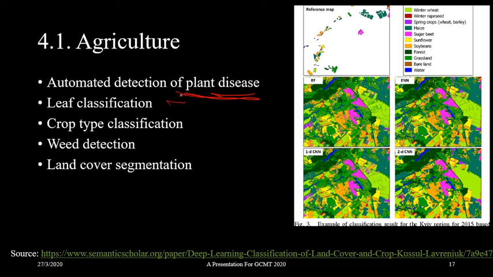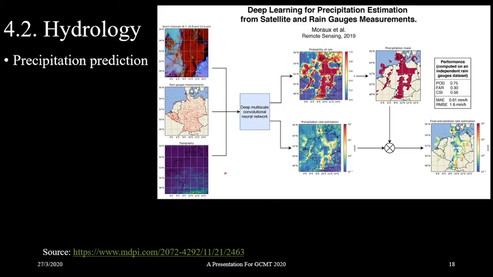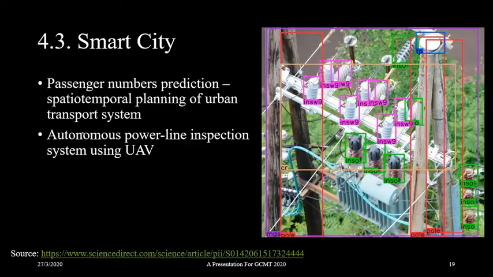Other use cases include leaf classification, crop type, and weed detection, like segmentation. Precipitation prediction is also important in terms of drought, dry spells, and floods. Deep learning can be used to accurately predict the precipitation rate.